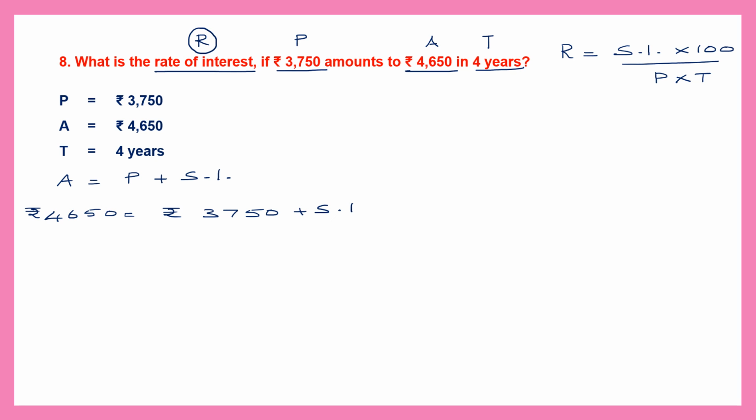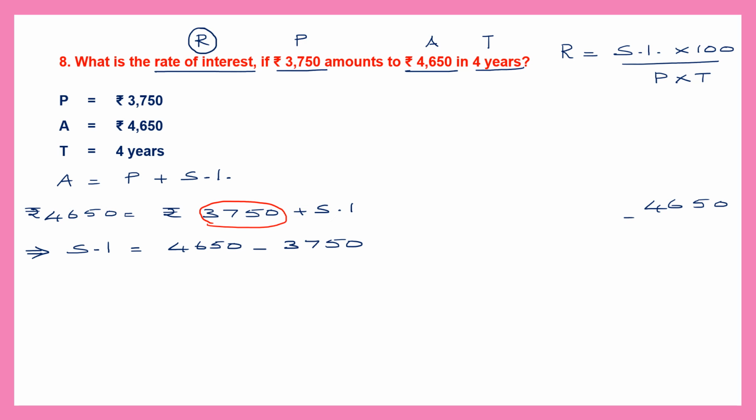So to find simple interest, we can use the linear equation method. We say 4,650 is on the other side as it is. We're going to transpose this amount, which is addition, to the other side. So it becomes subtraction. So it's minus 3,750. So when we minus these two, we will get the simple interest.